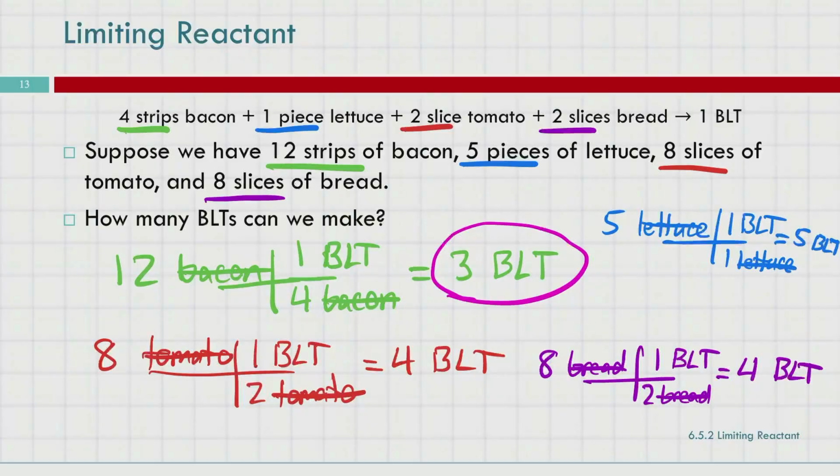But this 3 BLTs that we get out for our bacon means we're going to run out of bacon on our 3rd BLT. We would not have enough bacon to make a 4th BLT, even though we've got enough bread and we've got enough tomato. And we definitely can't make 5 BLTs because we would run out of bacon, tomato, and bread. So the smallest number is the actual amount that we can make.